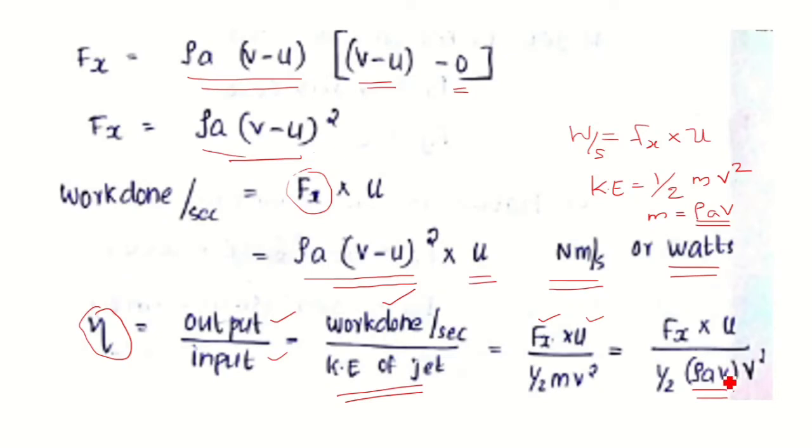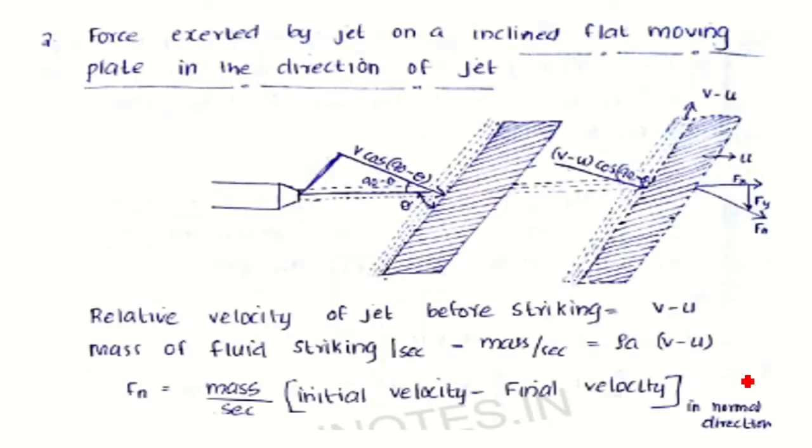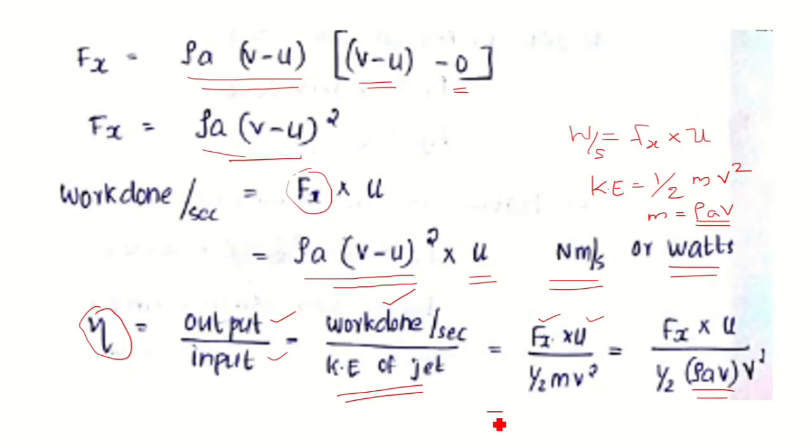Here we are considering the mass of water issuing from the jet, which is the input. So that is why it is taken as rho a v. So f of x into u divided by half into rho a v into v square gives the efficiency. So the equation will be like this: f of x into u divided by half rho a v cube is the efficiency of this particular setup.